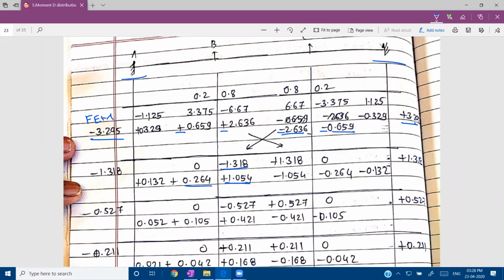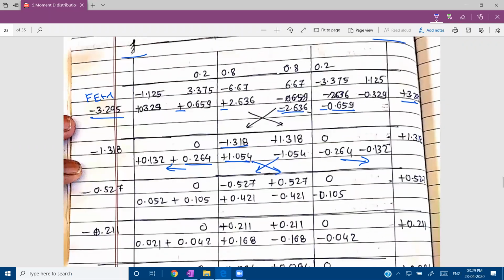That's why whatever correction we have applied here, 0.261, is carried over by half to support A, because the adjacent support for this BA member is fixed. Whenever the adjacent support is either a fixed one or a continuous support, we have to carry over half of the correction to the adjacent support. Similarly here also that half is carried over, and these two are also carried over by half.